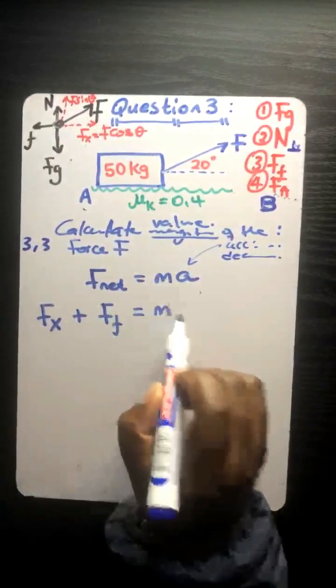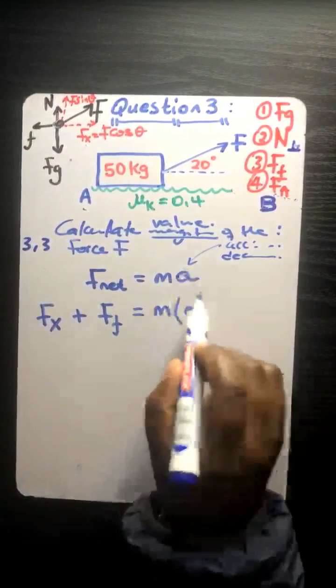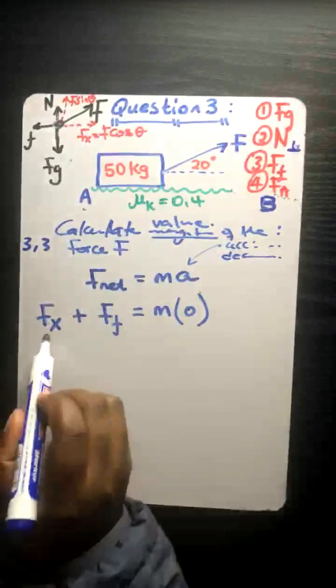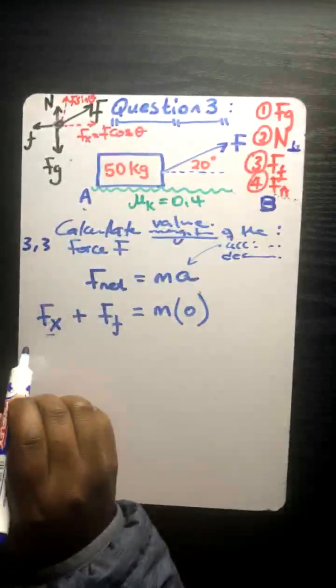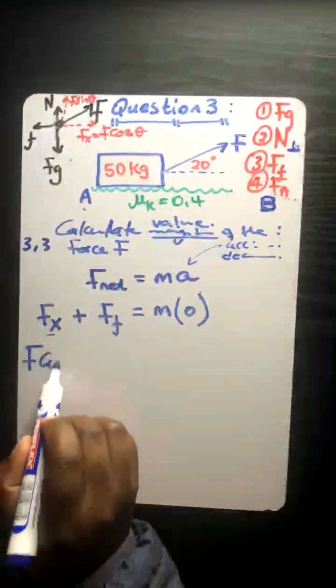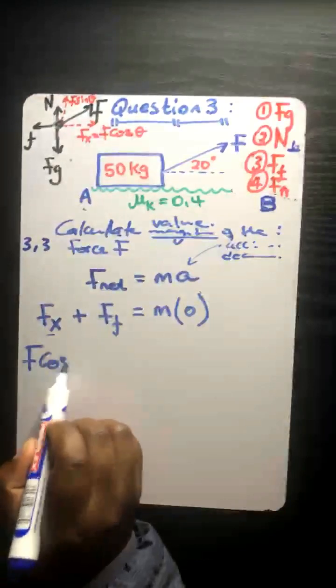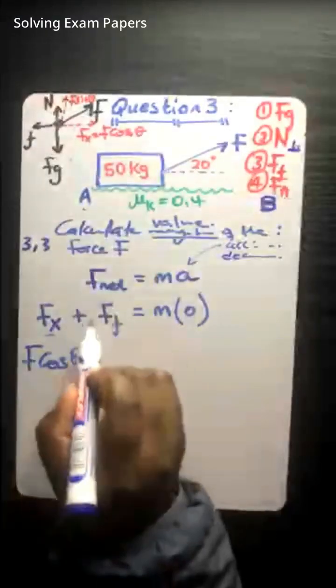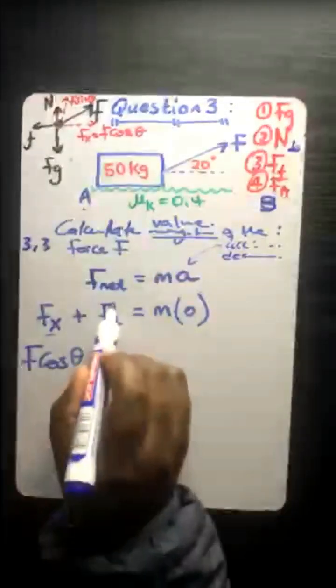We know it's equal to m times acceleration, and there is no acceleration, so we have 0 there. I've just explained that. We know that Fx is the force that we are looking for, times the cosine of the angle. We know very well that a frictional force is always a negative force.